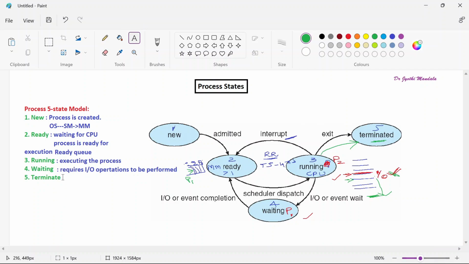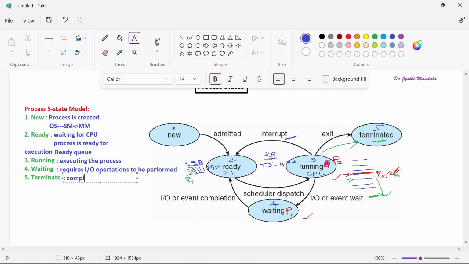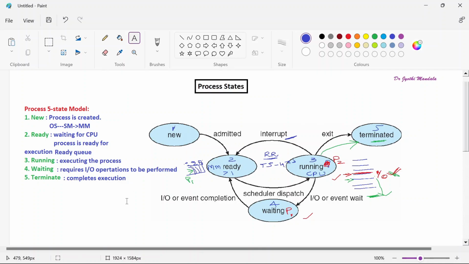What is terminate state? Program execution is completed. Note down that one. Completed execution.